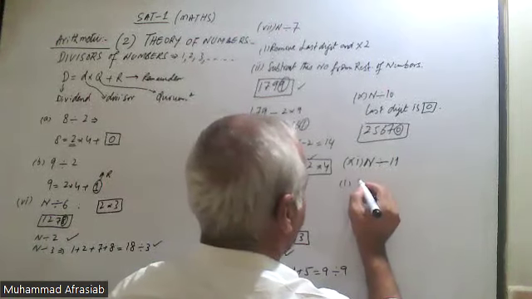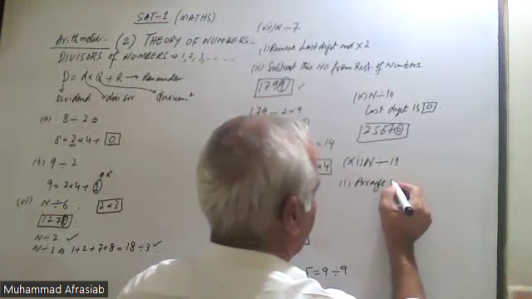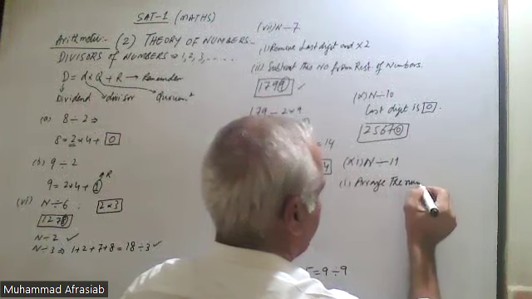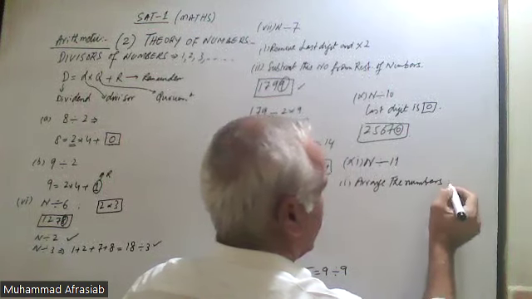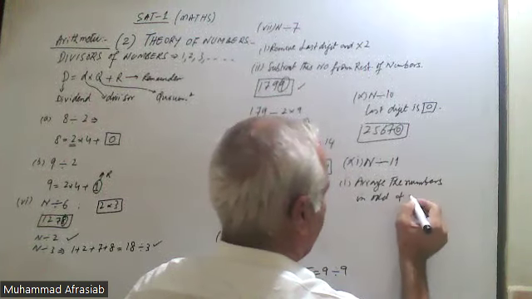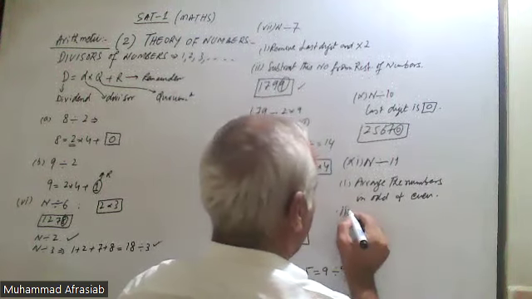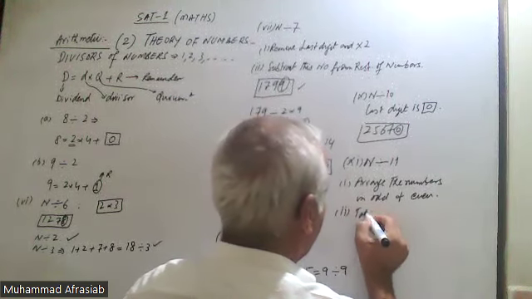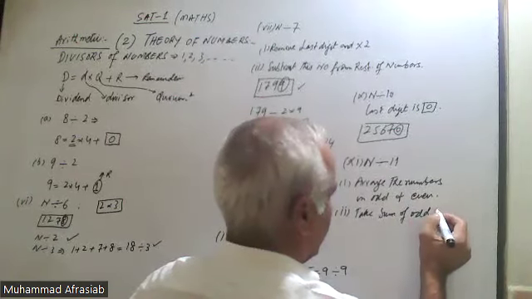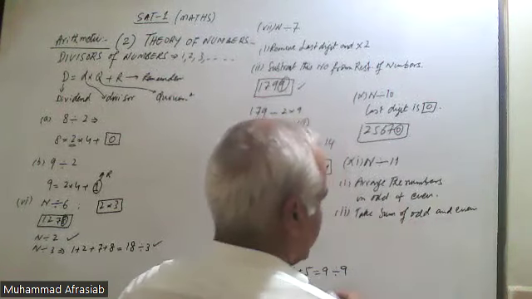First part: arrange the numbers in odd and even positions. Take the sum of the odd and even position numbers.